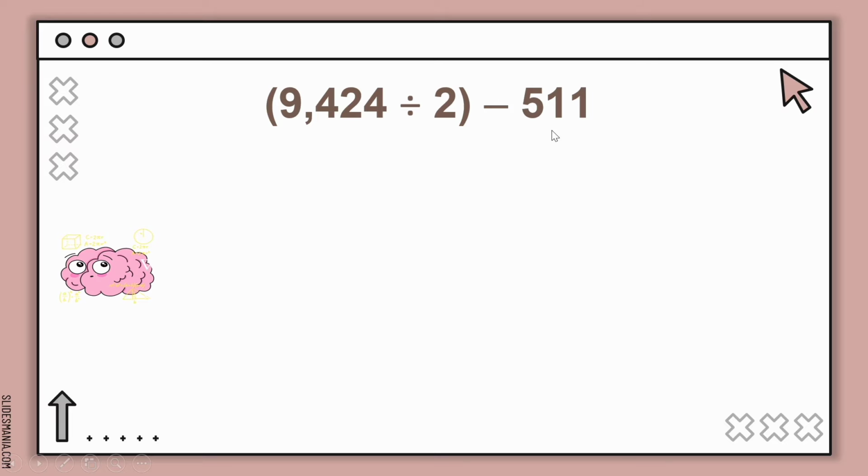Now let's solve the combined operation. We have here division and subtraction. The first thing to do is to solve the operation inside the parentheses. The given is 9,424 divided by 2.